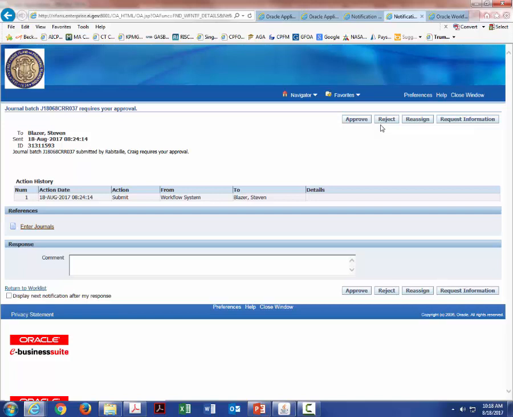The entry will then flow back into the RIFANS work list of the journal entry initiator, who will then either A, correct the entry by first unreserving the funds, making the correction, re-reserving the funds, and reapproving the entry, or B, begin the process of canceling the entire journal entry.